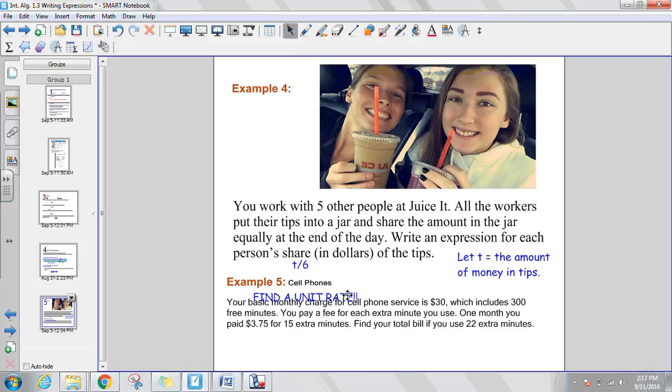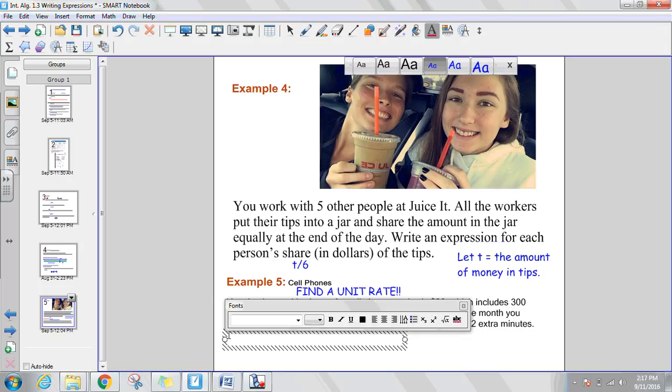So in order to find that unit rate, we're going to take that $3.75 and we're going to divide that by 15, because we want that denominator to be 1. And when we type that into our calculators, we're going to get 0.25 over 1. So that equates to, we're talking money here, so you're paying 25 cents per 1 minute.